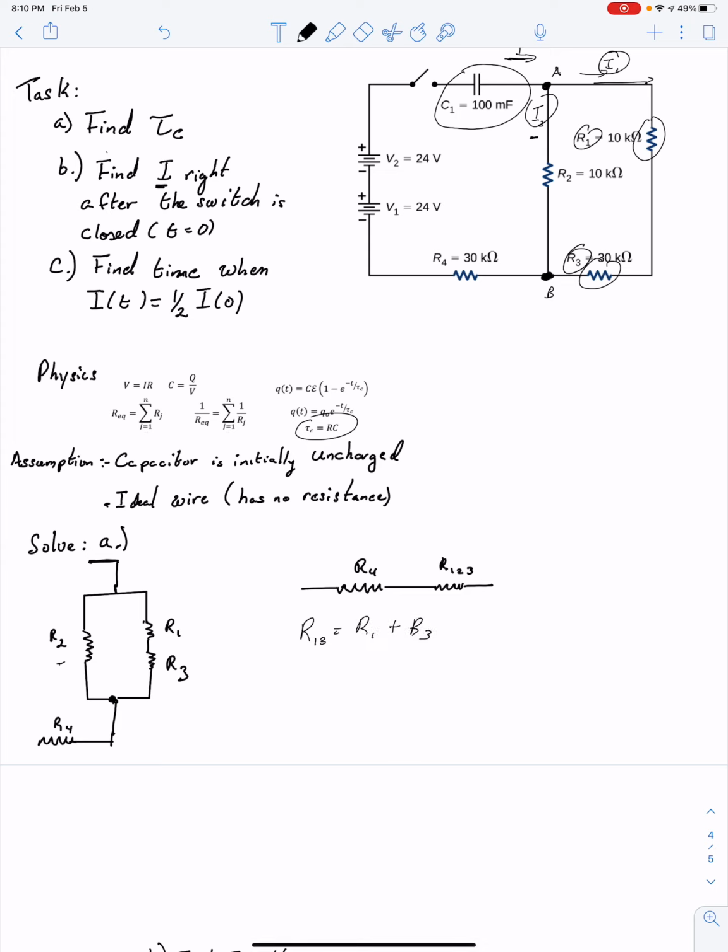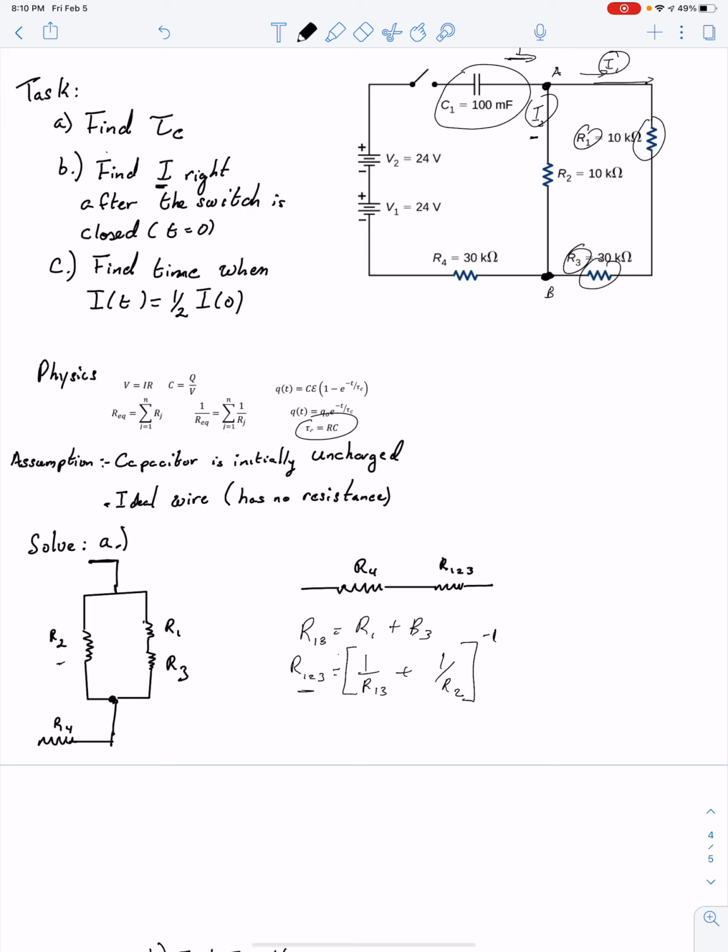Because it's in a series first. And then we jump to R123 equals 1 over R13 plus 1 over R2, because now it's in a parallel, and that is to the inverse, -1.